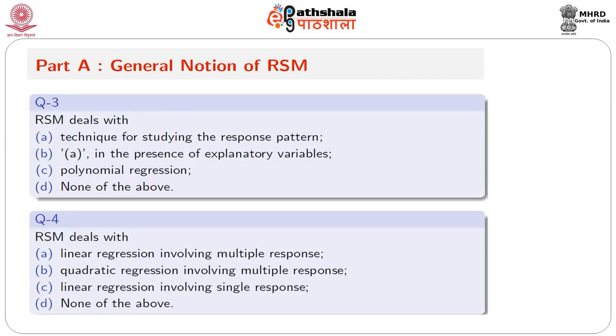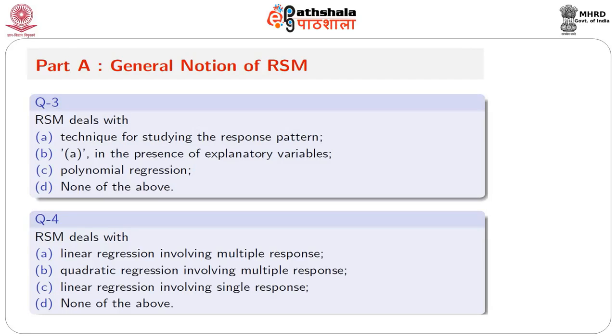Next. So here is the next one. RSM deals with a technique for studying the response pattern in the presence of explanatory variables, or polynomial regression, or none of the above. So you can see that amazingly we are slowly heading towards the definition, the closest understanding of the definition of RSM.